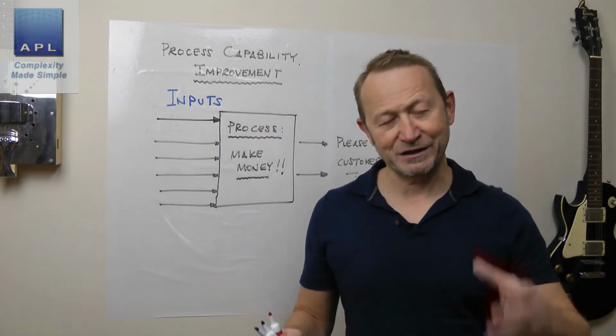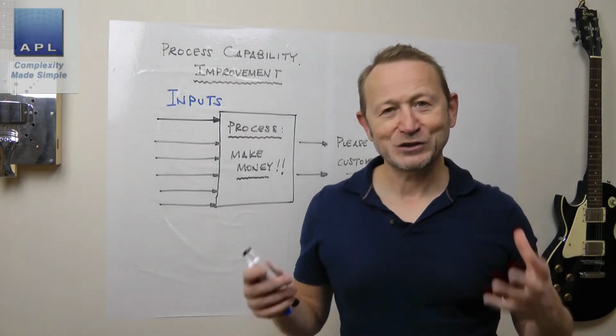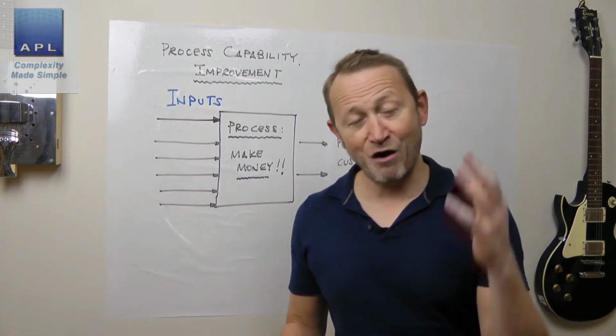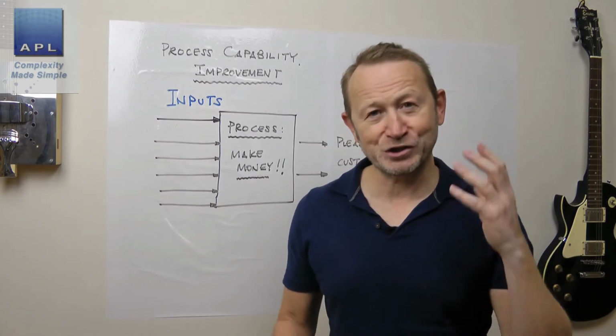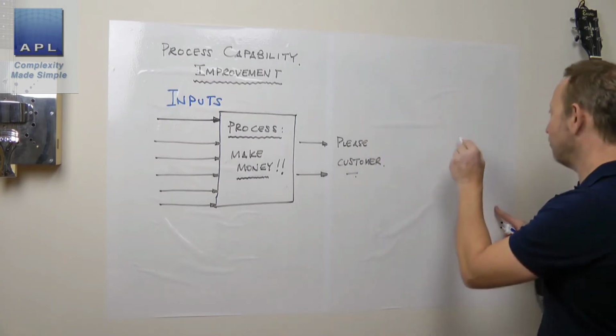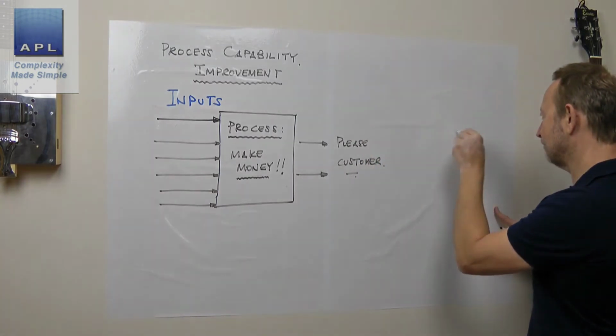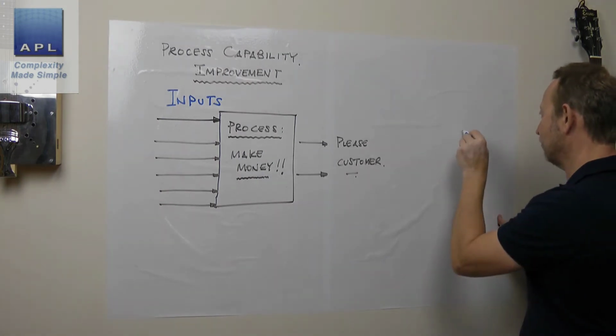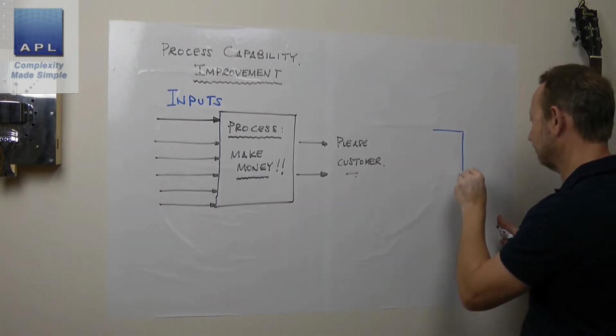So let's just think about what they're doing. This is what process control actually means. The operators are not allowed to change the settings. Let's think of it very simply. Look, you have a process. Choose a pen that works. You have a process.